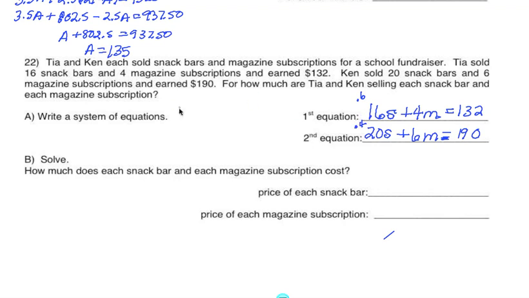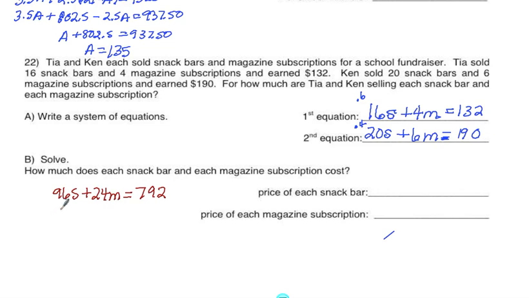And I'm going to rewrite them down here, give us a little more room. So I'm going to get 6 times 16, which is 96. So I'm going to get 96S plus 24M equals, let's see here, 792.